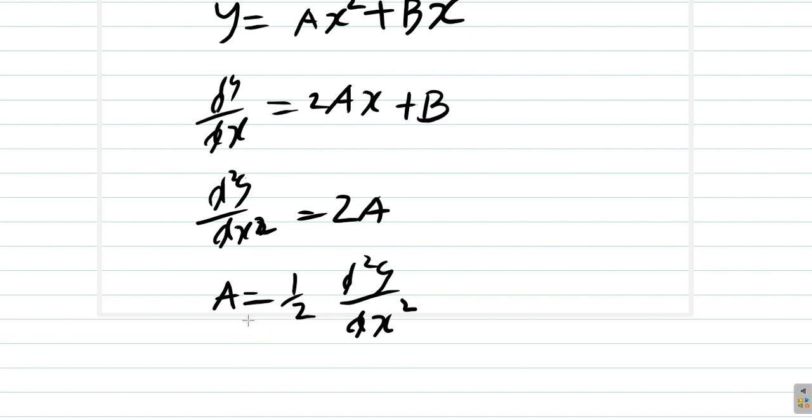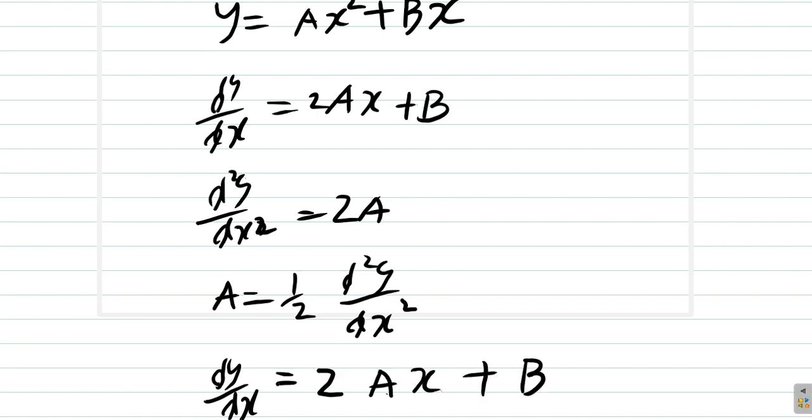Remember, we want to get rid of the a and the b. We have dy by dx is equal to 2 times, now here we have a, so we have the x here, so we have 2a times x, let's put the a first, and then the x, plus b. But remember what a is.